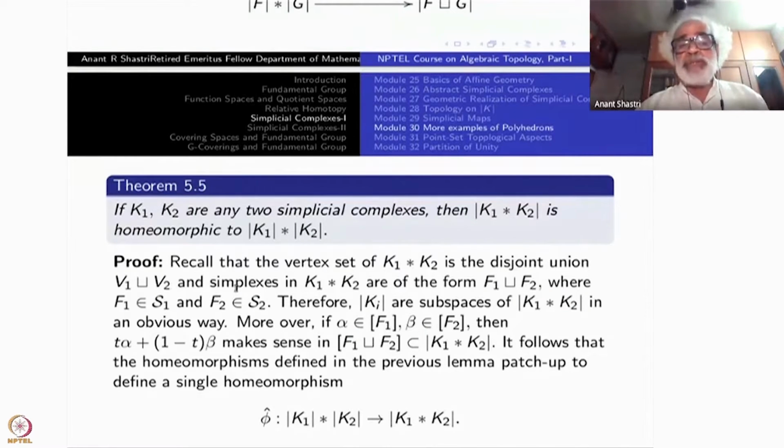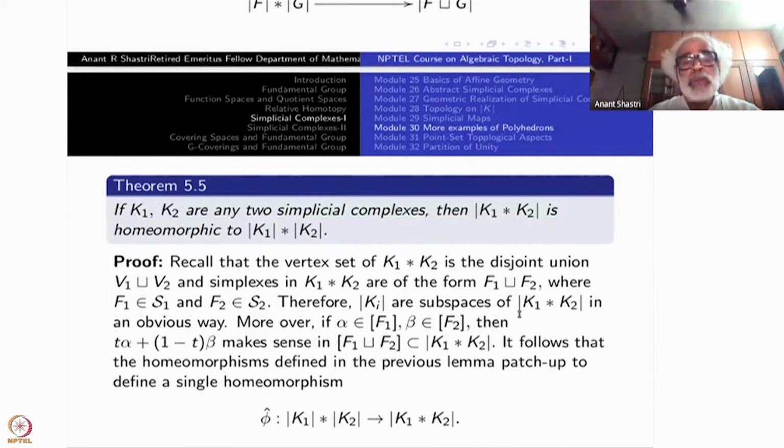But what are the simplexes? Simplexes of K1 star K2 are the disjoint union of a simplex in K1 and a simplex in K2. Therefore, mod K1 and mod K2 are subspaces of modulus of K1 star K2 in an obvious way, because the simplex is here.